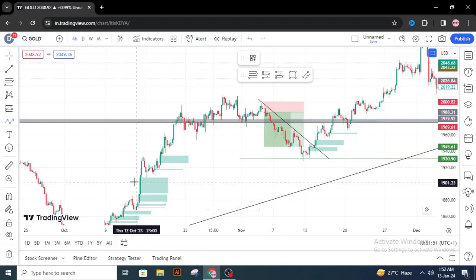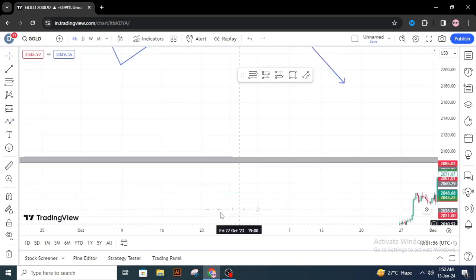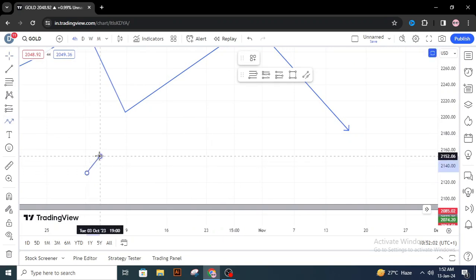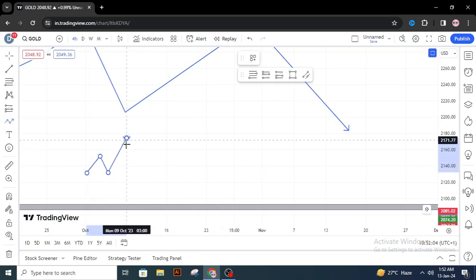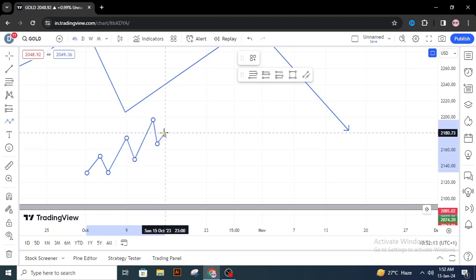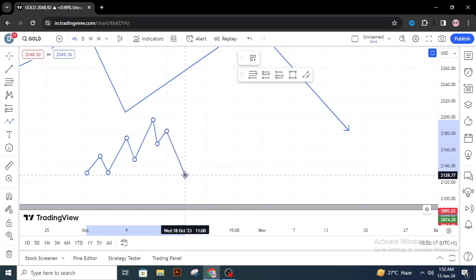So let me try and sketch it here. Let's say you have the market moving up: higher high, higher low, higher high, higher low, higher high. Then the market fails to make another higher high, makes a higher low, and then boom, starts coming down.